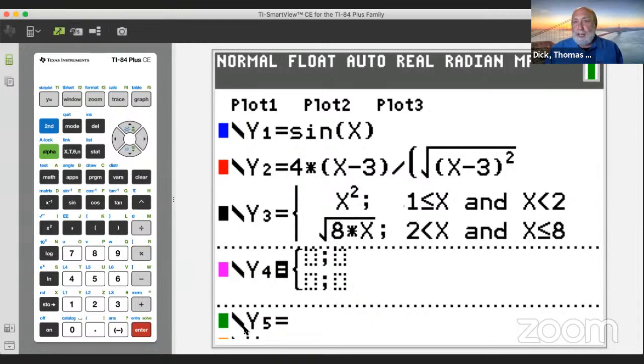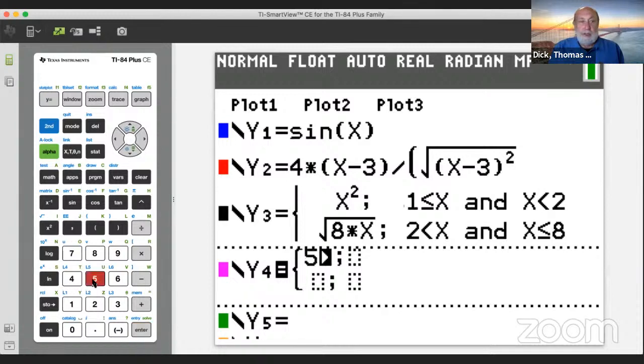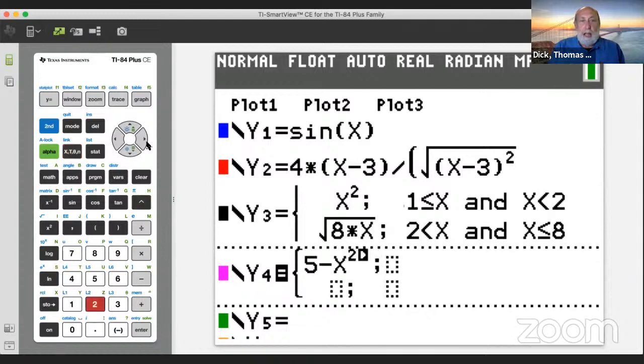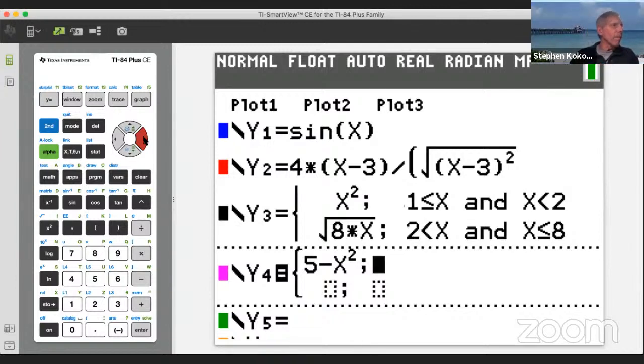I had to look at that parabola and figure out the equation of that parabola, and if I'm not mistaken, I think it was 5 minus x squared. So I'm going to enter 5 minus x squared. And that formula was valid for the values of x that were strictly less than 1. It was less than 2, maybe, Tom? Less than 2? Okay. You're right.